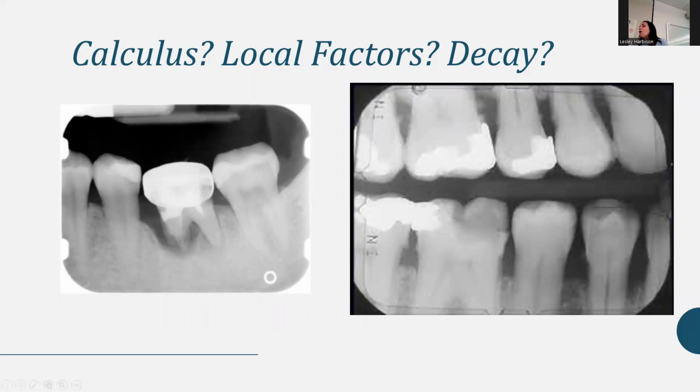Yes, I would call all of this one here vertical, but everything else I would call horizontal bone loss. Well, this is a unique situation because the bone literally goes all the way around the apex of the tooth.